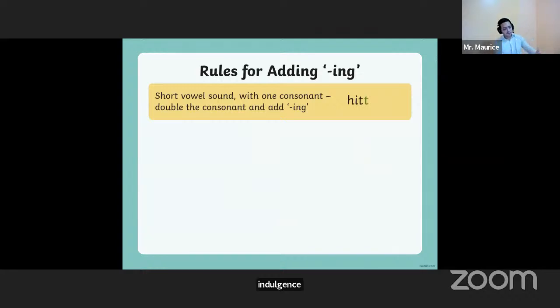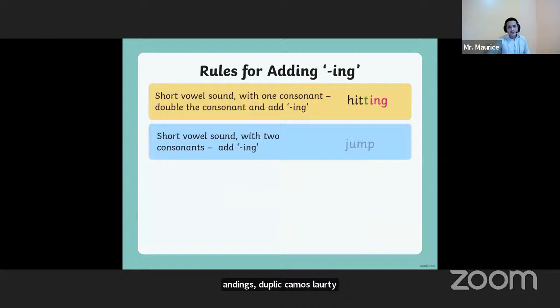Entonces vamos pues haciendo un repaso. Lo primero que debemos entender es, recordemos, verbos monosílabos, y que este verbo presente la característica de tener una vocal entre las consonantes, duplicamos la última letra y añadimos ing. Hay verbos que simplemente le añadimos pues el sufijo ing, como jumping.